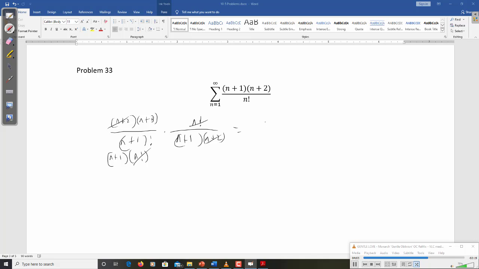So this is going to be n plus 3 over n plus 1 squared. And of course we know that goes to 0. That is less than 1, so this converges absolutely. That wasn't too bad.